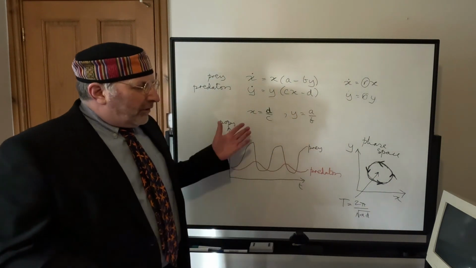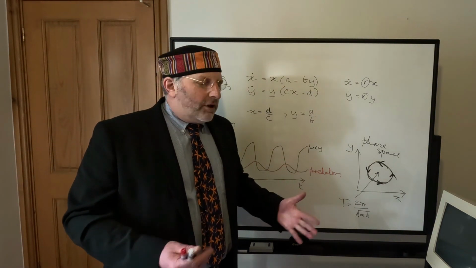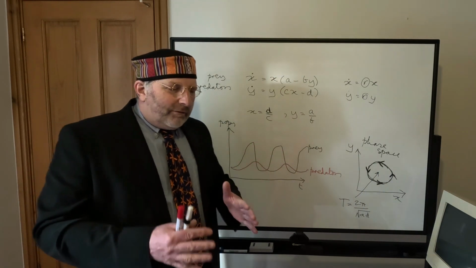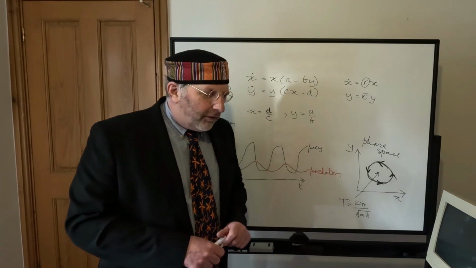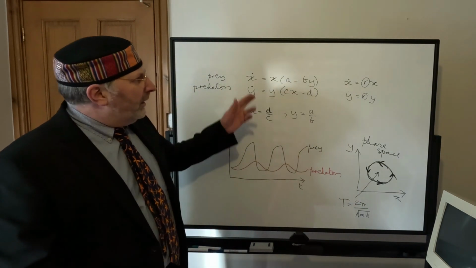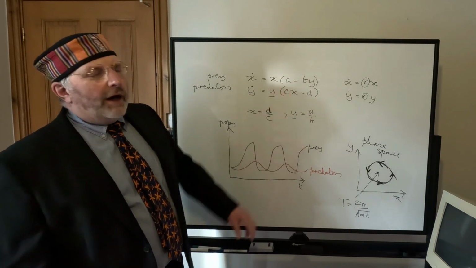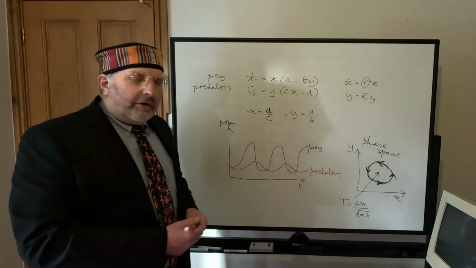So yes, Lotka-Volterra is an alternative to simple harmonic oscillation as a potential model that we can look to when we discover evidence of cycles in our socio-historical data. We can take this as a starting point and perhaps adjust it to see if we can fit whatever scenario we're finding.